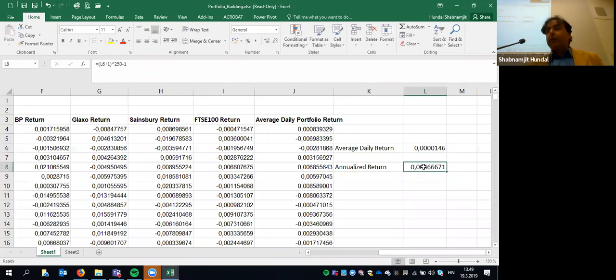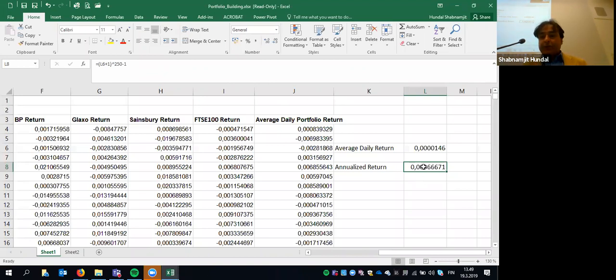The number is too small, okay? And as I said before, maybe you chose wrong stocks, maybe the year was not very promising for the investors, or it could be possible that you have taken the wrong weights. You should have shuffled your weights.